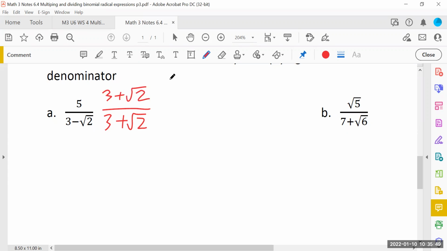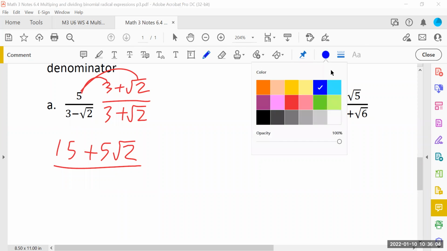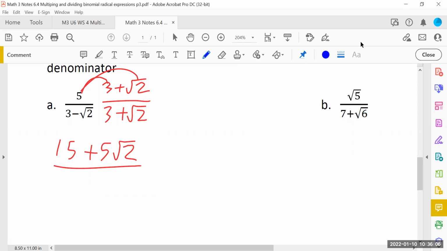So now on the top, just distribute. 5 times 3 is 15. 5 times root 2, 5 root 2. Top's done. The bottom now, you can multiply it all the way out. 3 times 3 is 9. 3 times root 2 is 3 root 2.